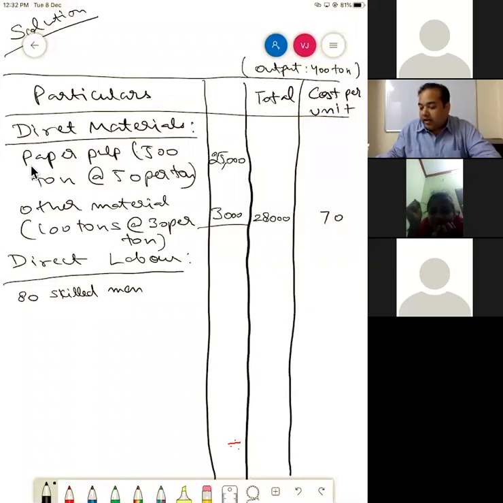So there are 80 skilled men at the rate of rupees 3 per day for 25 days.